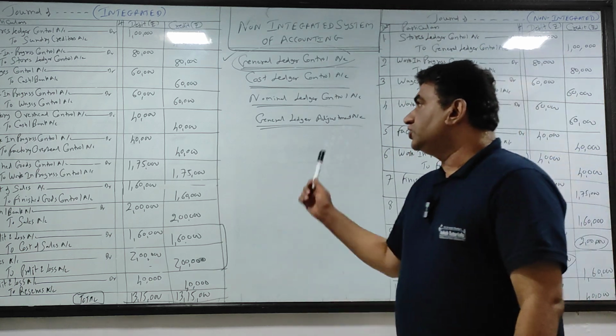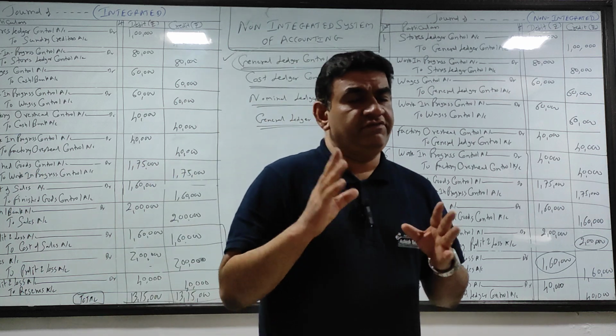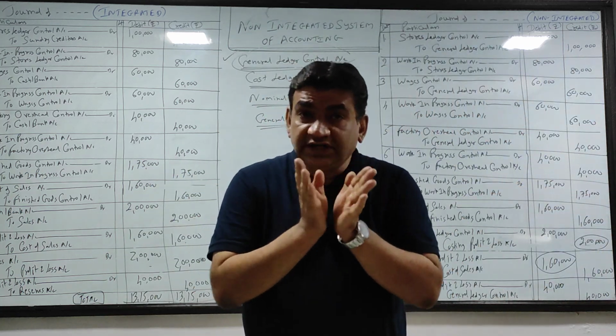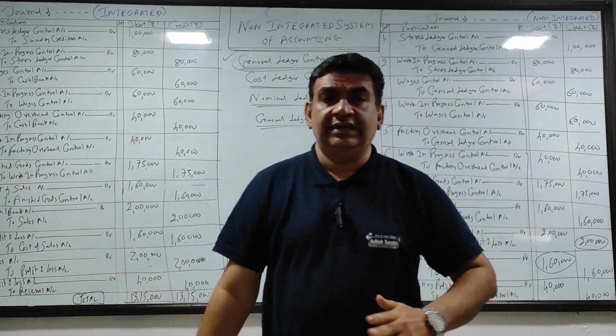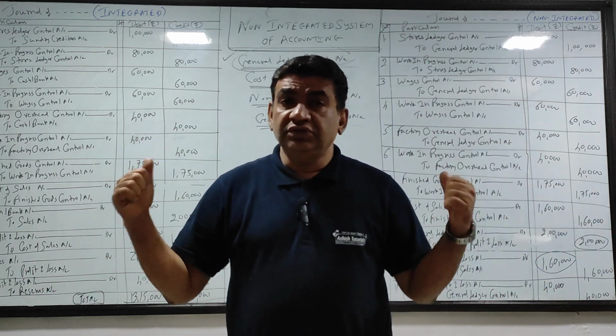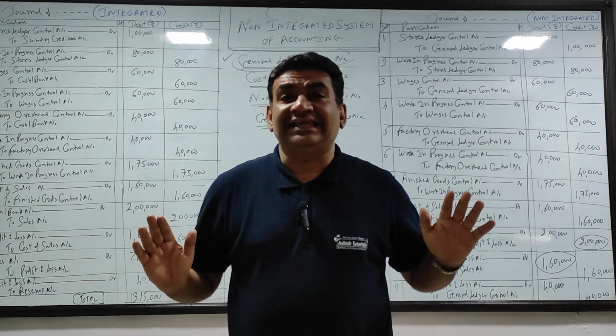Clear, guys? So this sum is a very, very handy and important sum to make you understand the difference between integrated system of accounting and non-integrated system of accounting. Do this sum properly so you get the concept clearly.